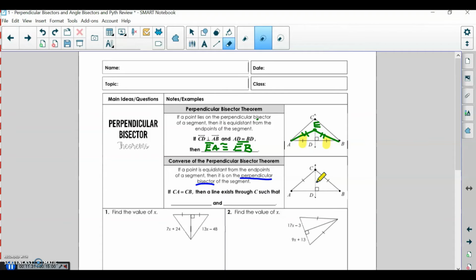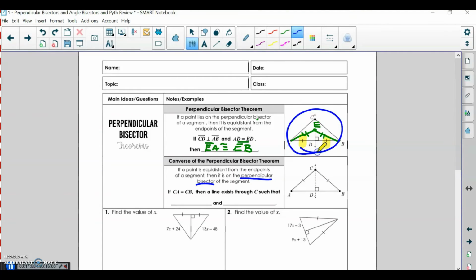So if CA and CB are the same, and the line exists through such that, what other pieces would be congruent? No, AC is already marked congruent, isn't it? It basically, guys, just what you're supposed to be doing is figuring out, hey, look what's congruent up here, and I bet you it's congruent down here also.